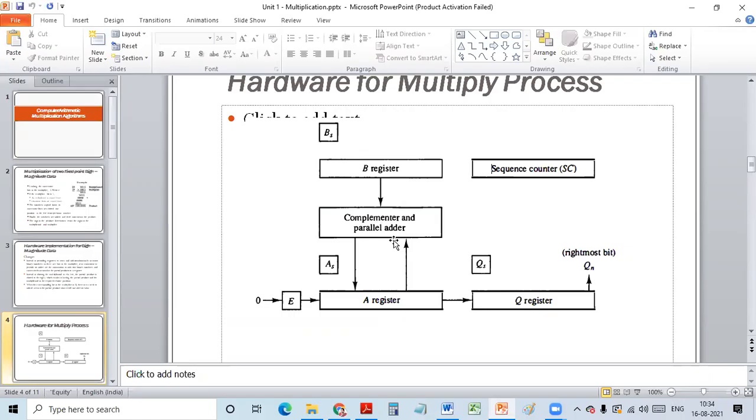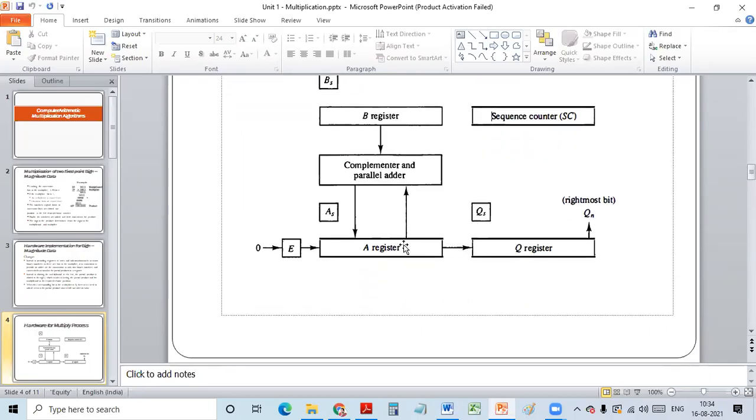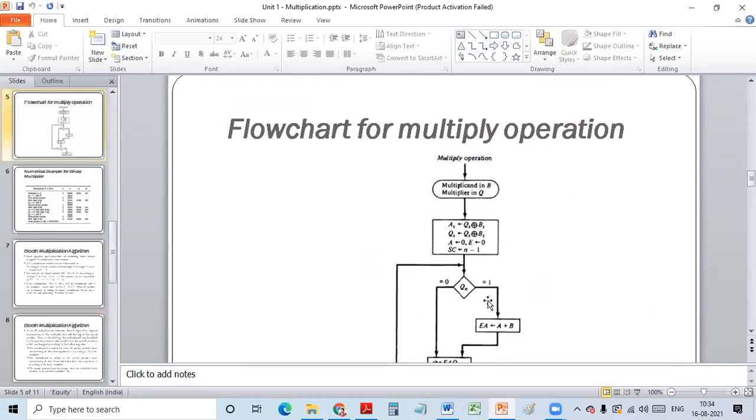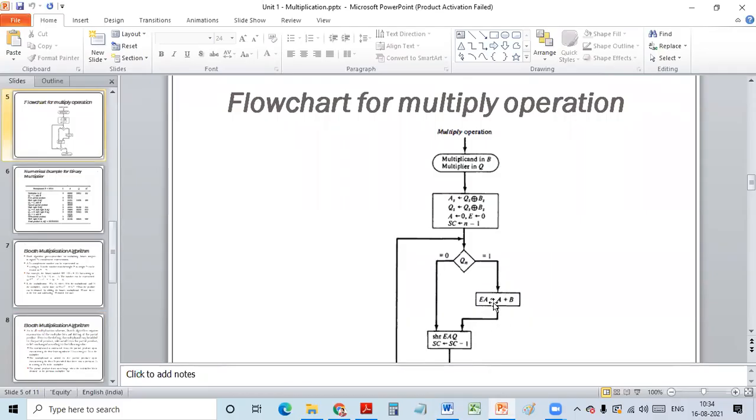Complementer and add. As per the algorithm, you may require to perform the addition operation if the least significant bit is 1. Otherwise, you need not perform the addition operation.